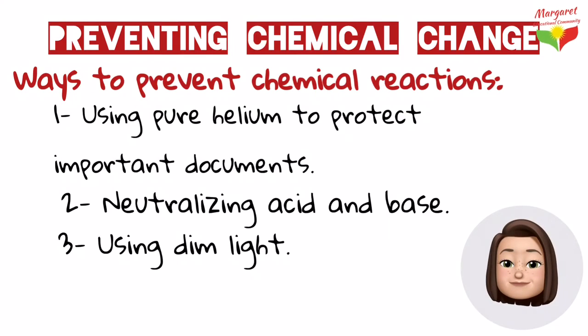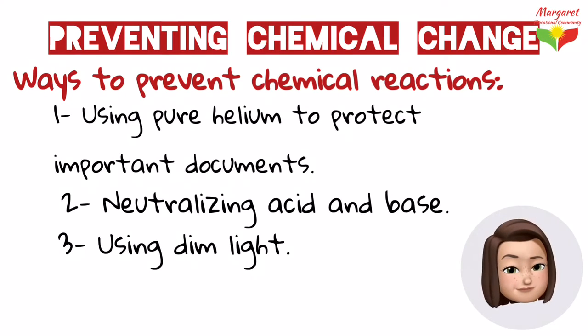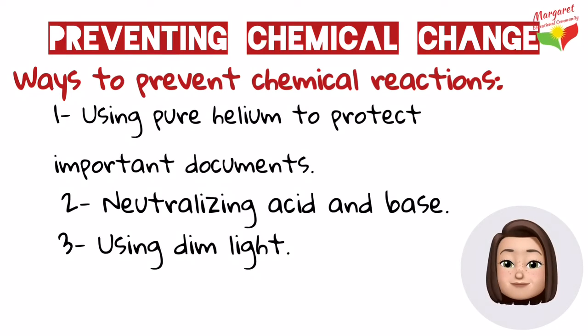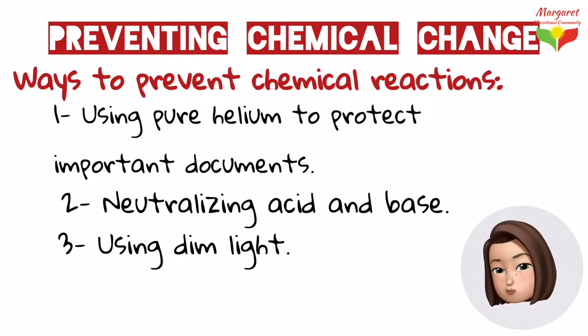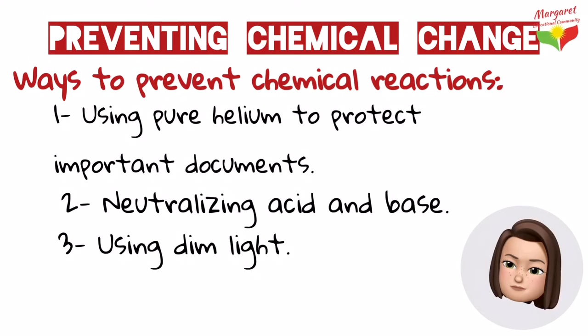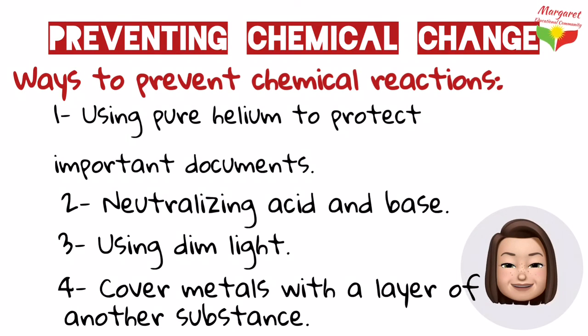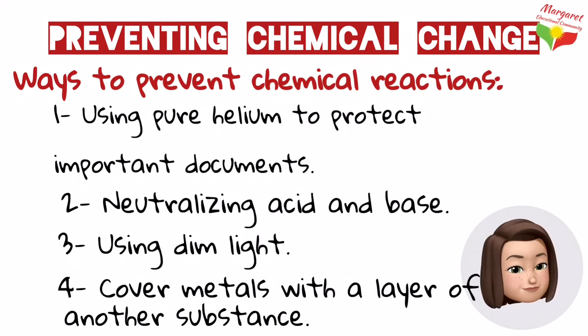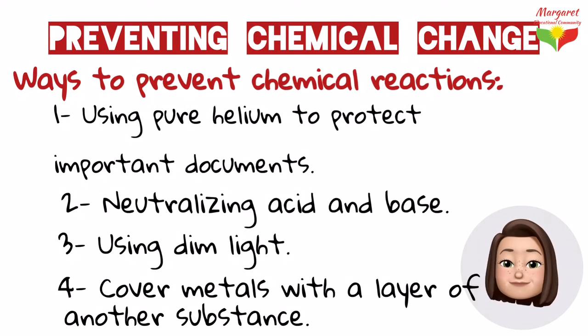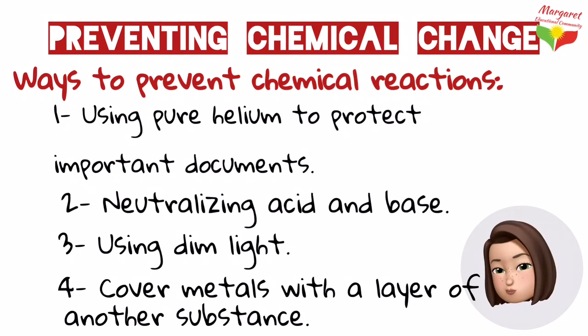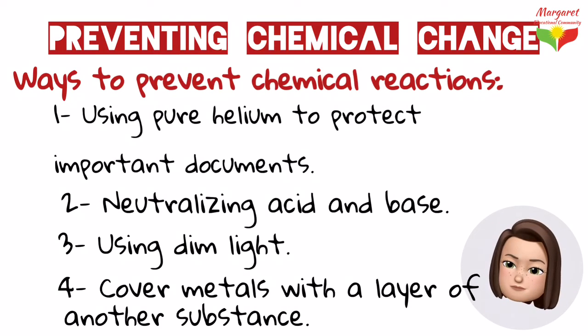In museums, they display objects under dim light so that the chemical change that uses light energy will not take place. So this is preservation. About metals, to prevent them from being weakened, they are often covered with a layer of another substance, like galvanized steel, for example, which has a thin coating of zinc, a metal that's more reactive than steel.